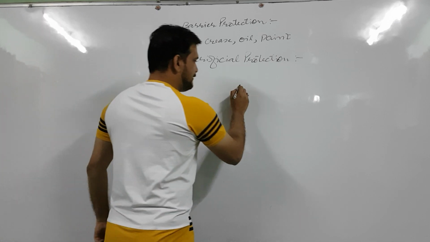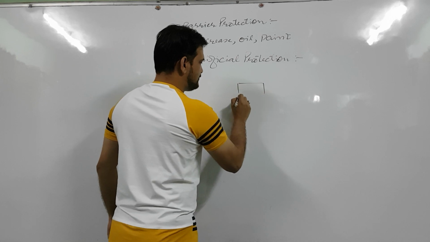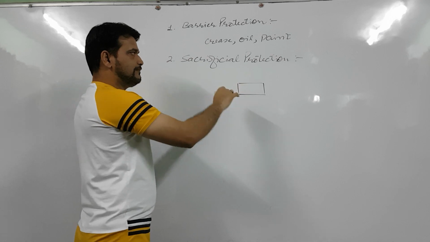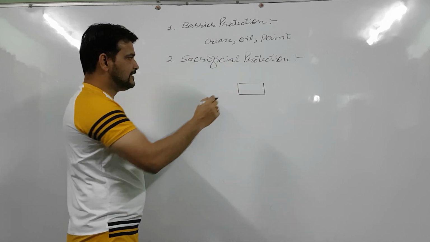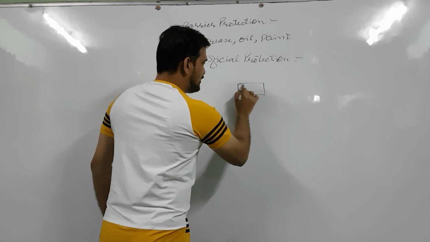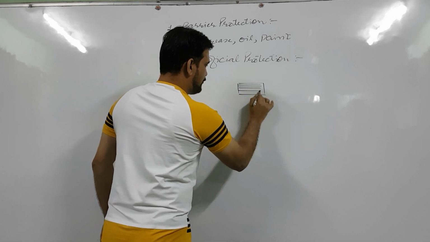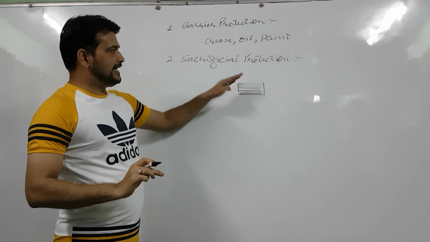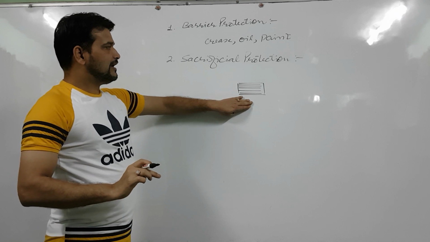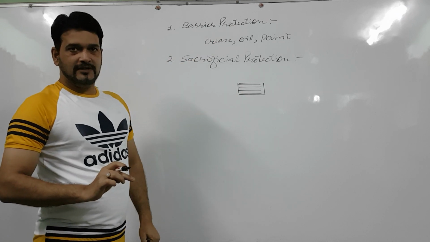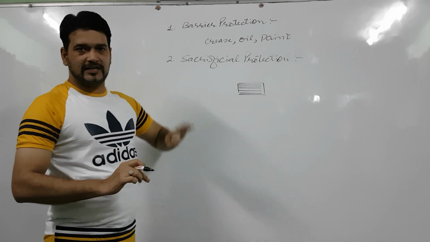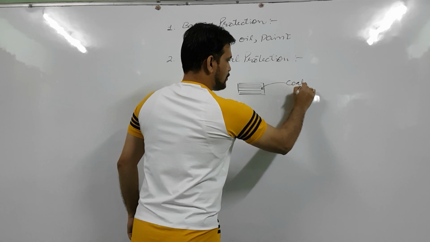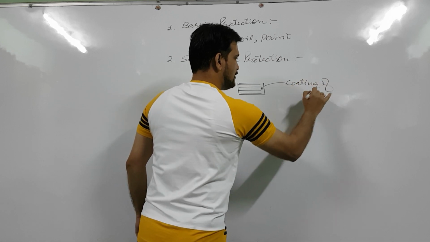For example, if we have this iron object and we want to protect it from rusting, then we can apply a thin layer of paint, oil or grease. Then it is protected according to barrier protection. But in sacrificial protection, we will apply a coating of zinc.